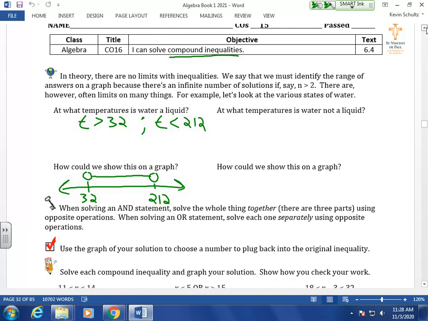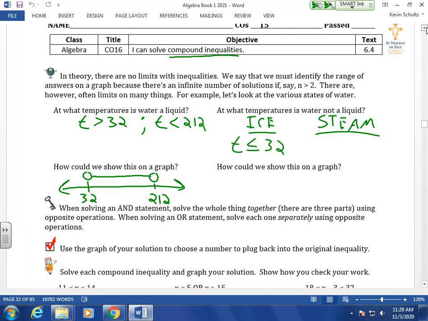What about the temperatures at which water is not a liquid? When it's not a liquid, it's either ice or it is steam. What temperatures would water be ice?